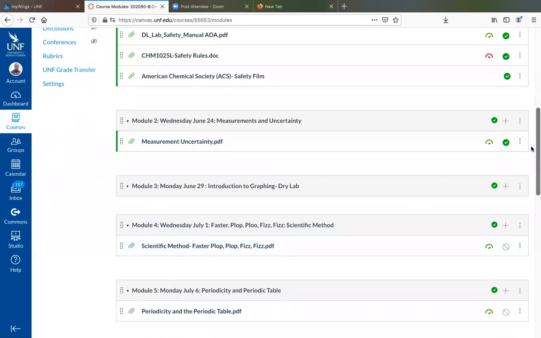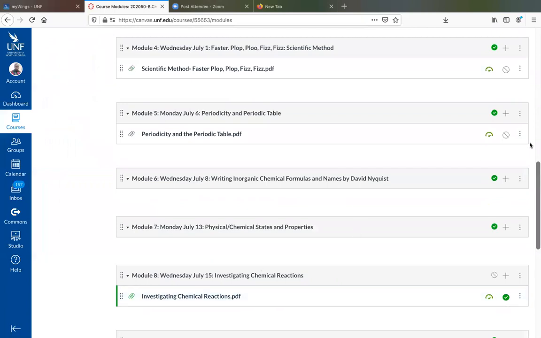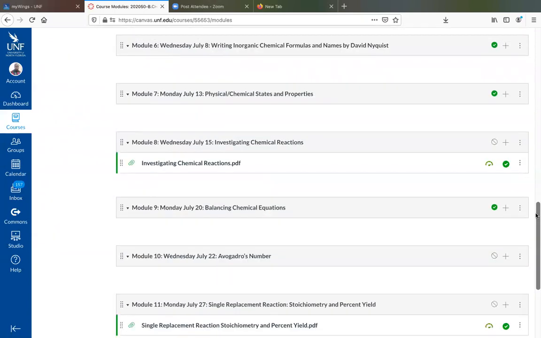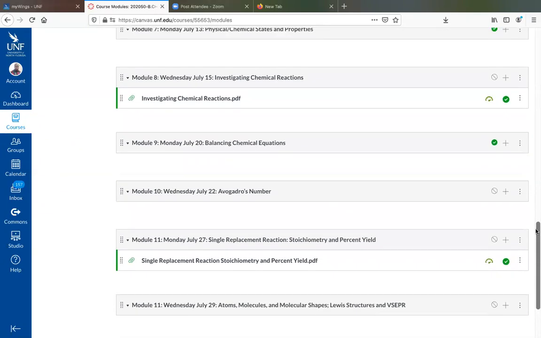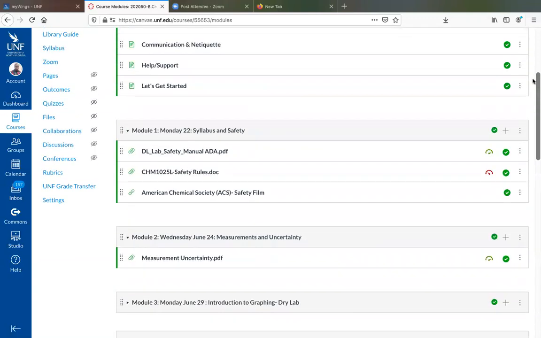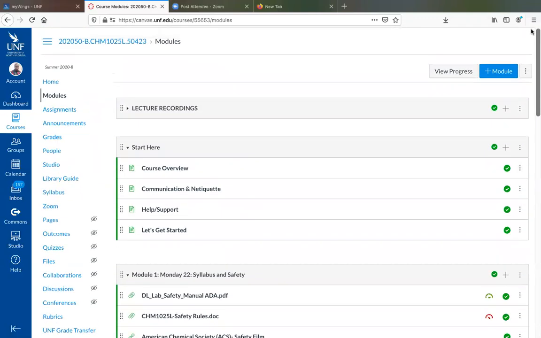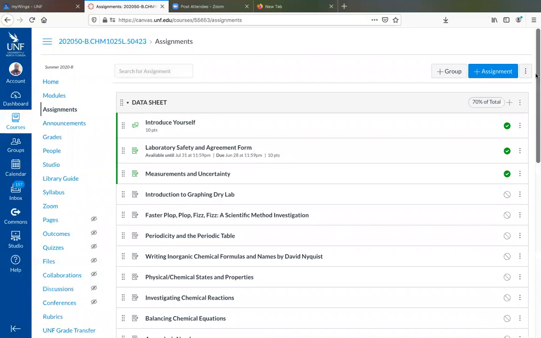These are the instruction or procedure. Unless otherwise changed, these are what I have for all the days we'll be meeting, until module 11. This is where you'll be getting the instruction. And then the data sheet will be under the assignment, because you're going to be turning it in as an assignment.